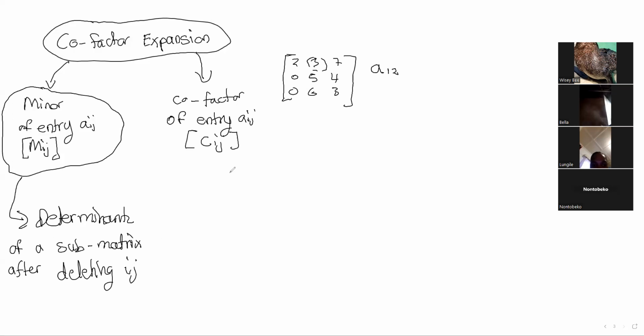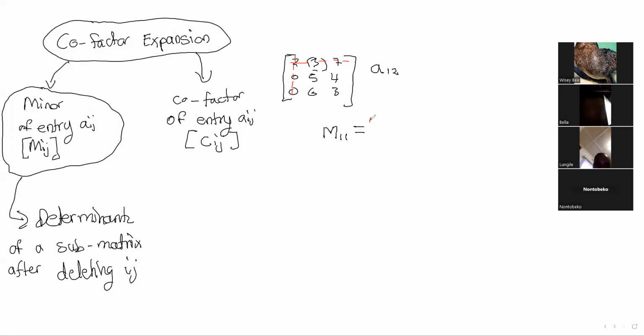That's your minor. In this case, if you had to find minor 1, 1, that means we need to find the determinant after deleting the first row and then the first column as well.